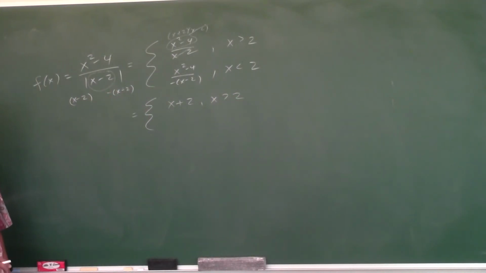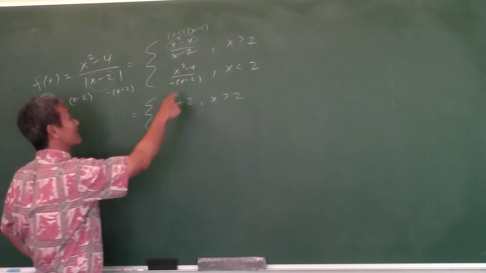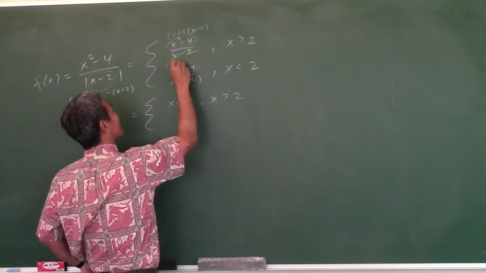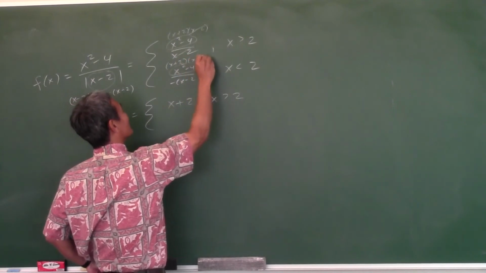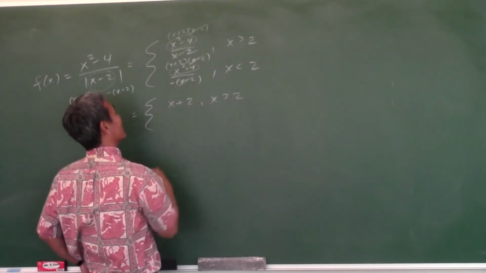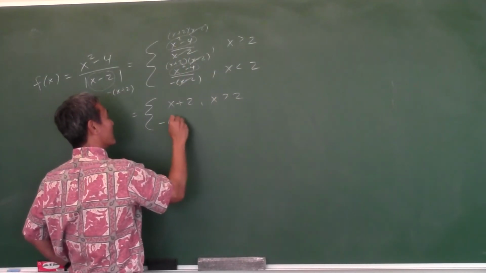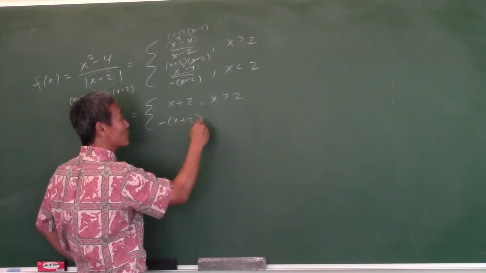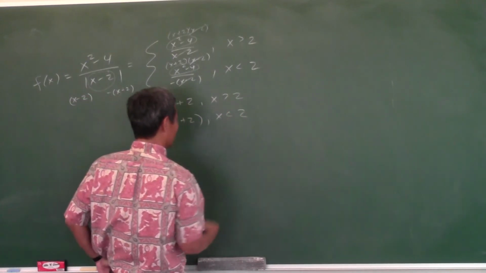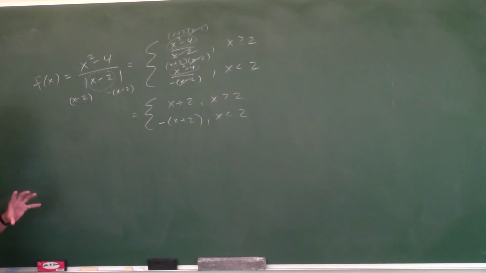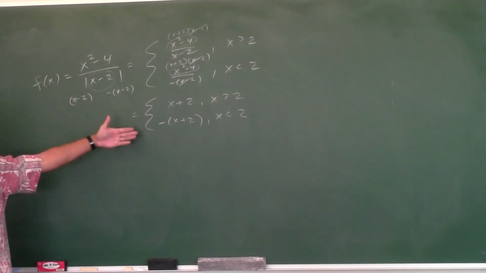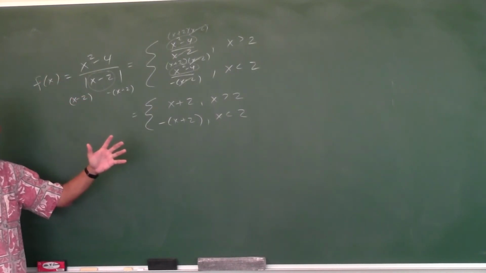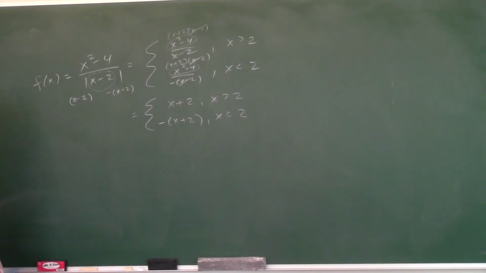Right now, you know how to graph lines, parabolas, and any polynomial function, right? Okay, what about this one? You can factor that as x plus 2 times x minus 2. This cancels that. What are you left with? Negative x plus 2, which is a line. These are two lines. So whenever you see absolute value, you make a piecewise function. That's automatic.